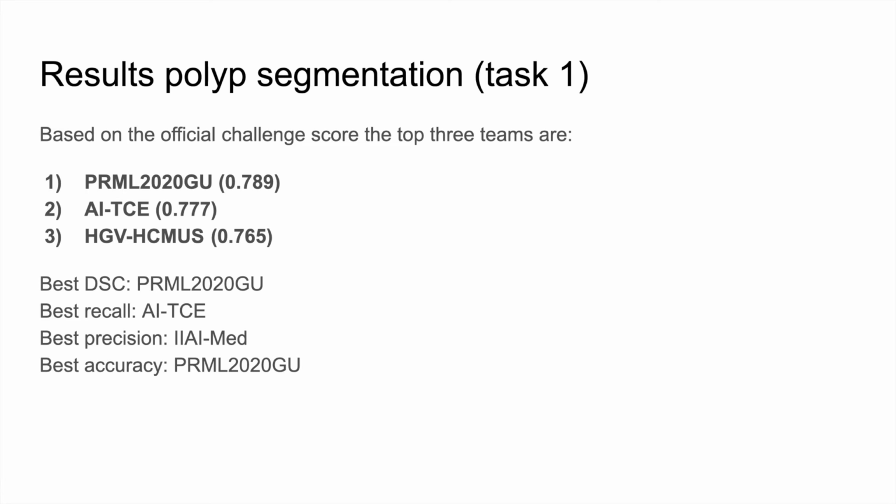If we look at the other scores that we calculated, the best dice score was achieved by the team PRML 2020 GU. The best recall was by AI-TCE. Best precision was by IIMET. And the best accuracy was by PRML 2020 GU.